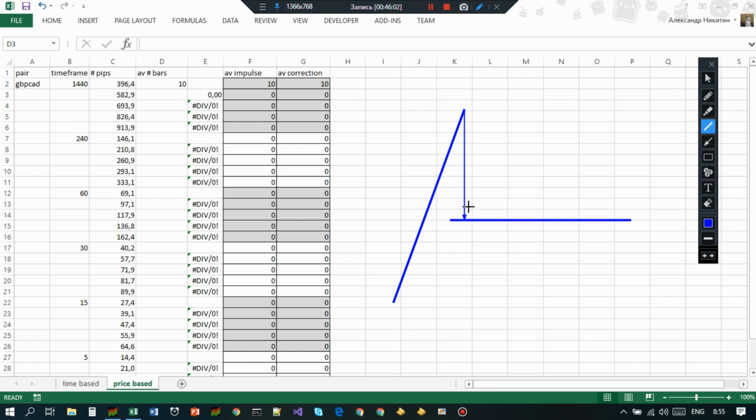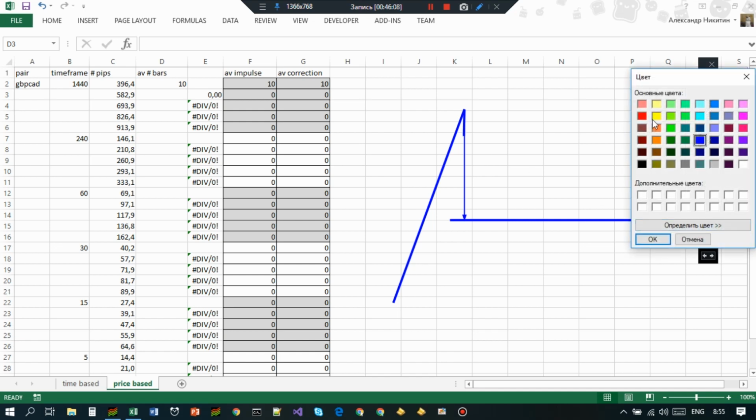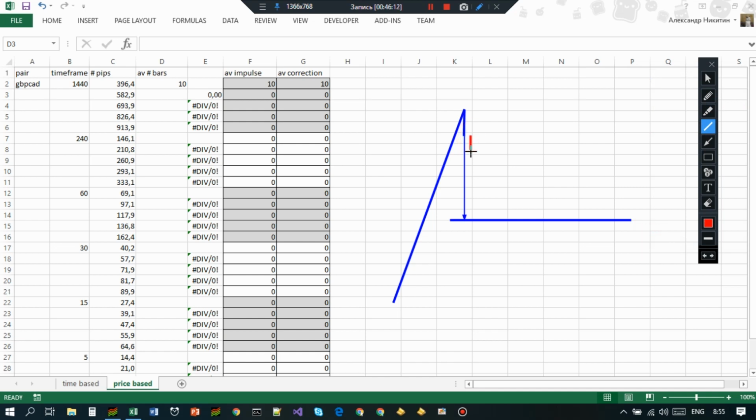So you also calculate one. Let me make a different color. Let it be red as we go to the downside. 1, 2, 3, 4, 5, 6, 7, 9, 10.